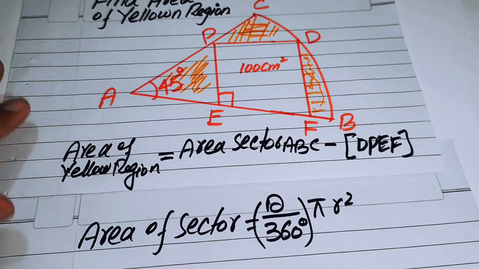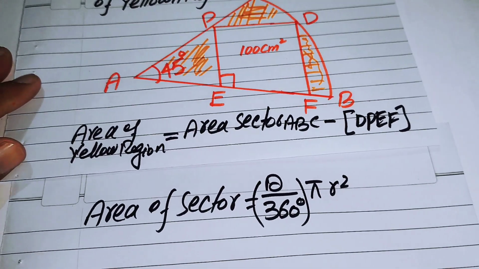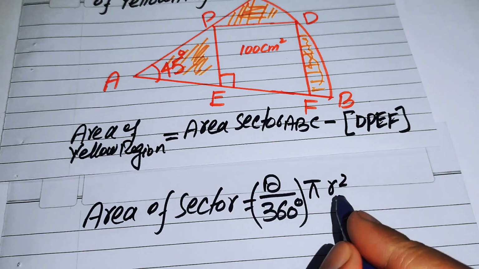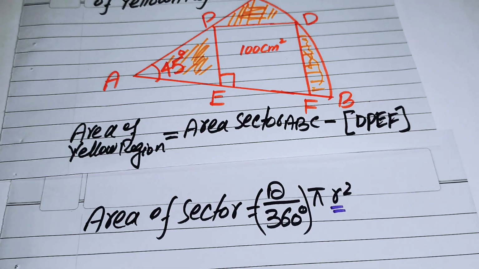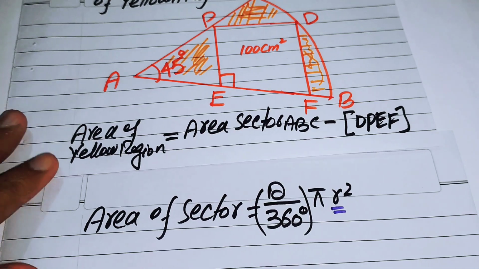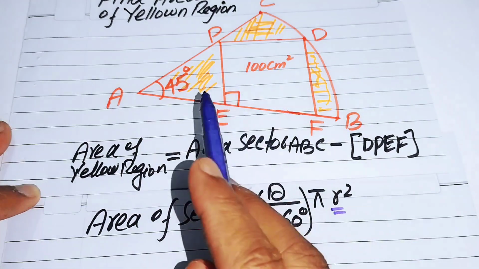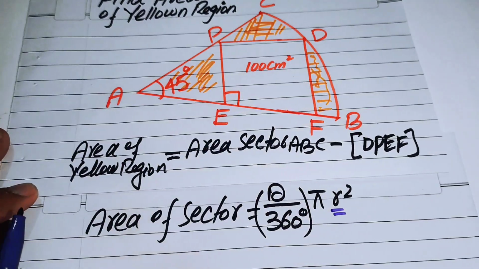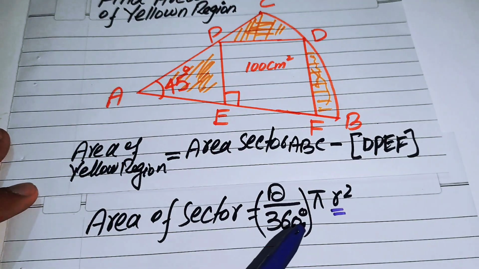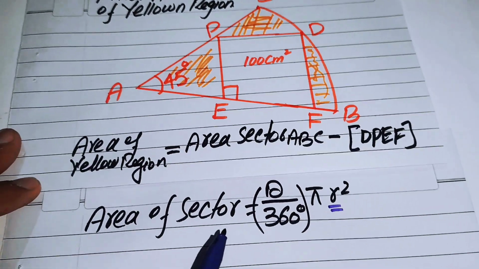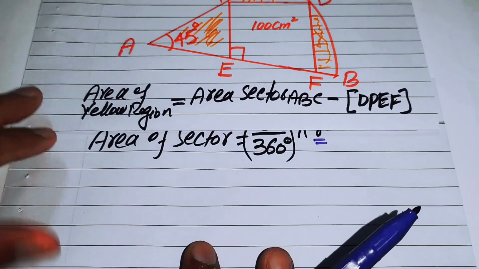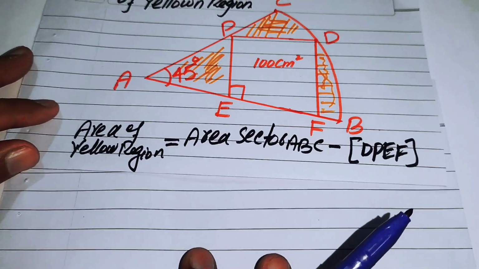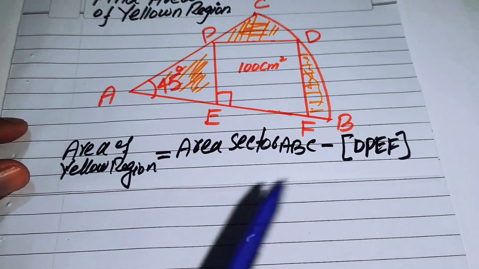To find the area of the sector, we need to find the value of r, the radius of this sector. So first we find the radius of the sector, and before moving on, we need to make some simplifications.